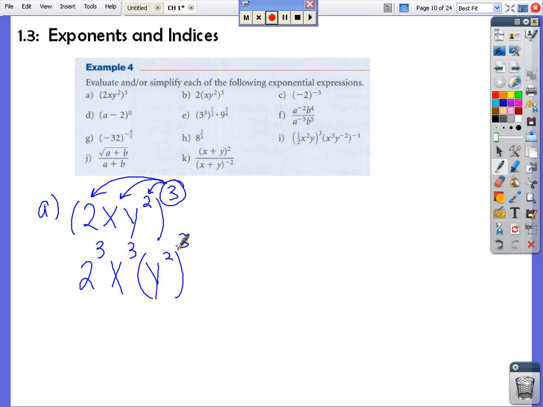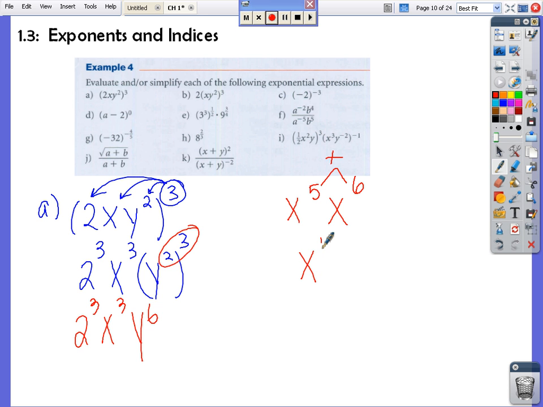When you have a power to a power, which is right here, we multiply. So we get 2 cubed, x cubed, y to the 6. Which would be different than if I was going to do a, let's see, x to the 5th times x to the 6th. Here's where we add our power, so that would give us x to the 11th and not x to the 30th.